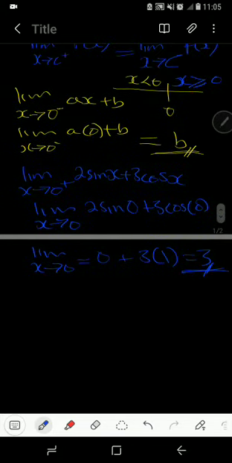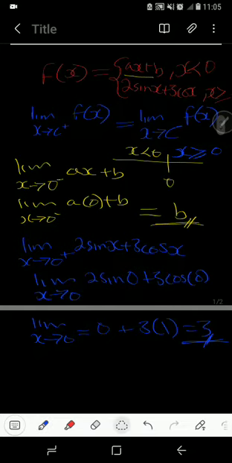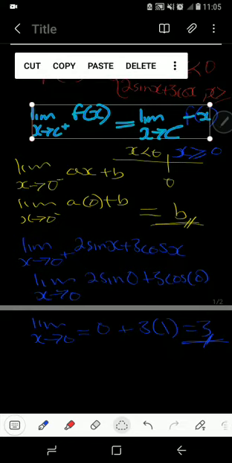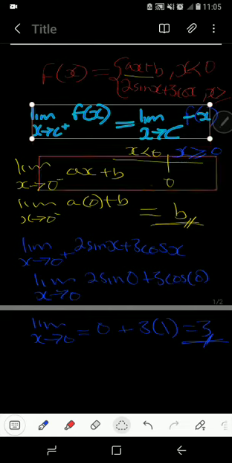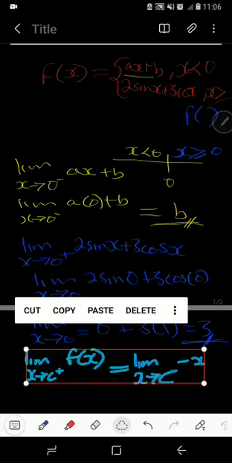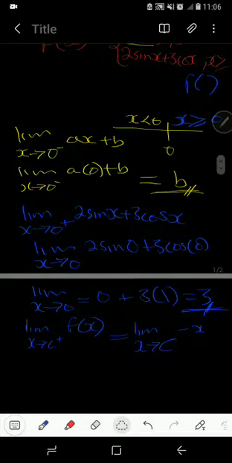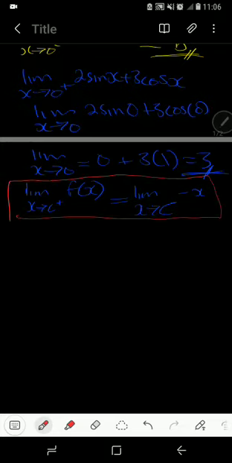Following this rule here, you say for existence, the limit as x approaches c from the right of a function should equal the limit as x approaches that constant from the left of the same function.